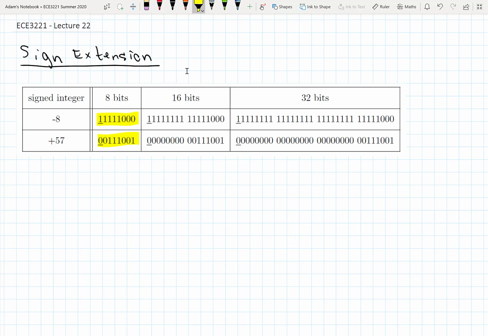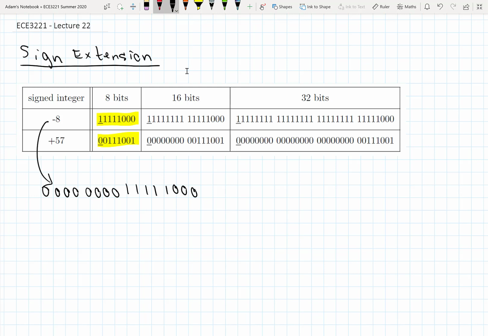Let's take the -8 value for example. If I just stick the value for -8 into, let's say, a 16-bit register without doing sign extension, I'll have a value that looks like this, and this is no longer a value of -8.